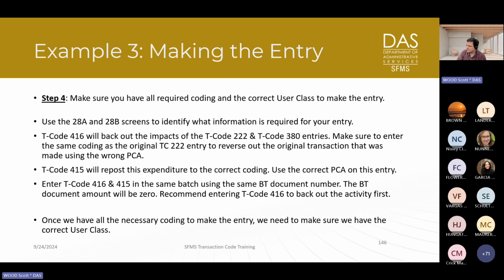Make sure to enter TC 416 with the same coding as TC 222. 415, on the other hand, will repost the expenditure with the correct coding and use the correct PCA on this entry. We recommend entering TC 416 to back out the activity first just so that everything's neutral before moving to make that PCA correcting entry.